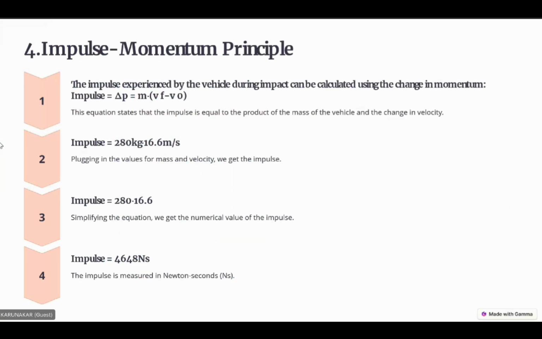This equation states that impulse is equal to the product of mass and the change in velocity, where the impulse is 280 kilograms into 16.6 meters per second. Plugging in the values of mass and velocity, we get the impulse, measured in newton-seconds.